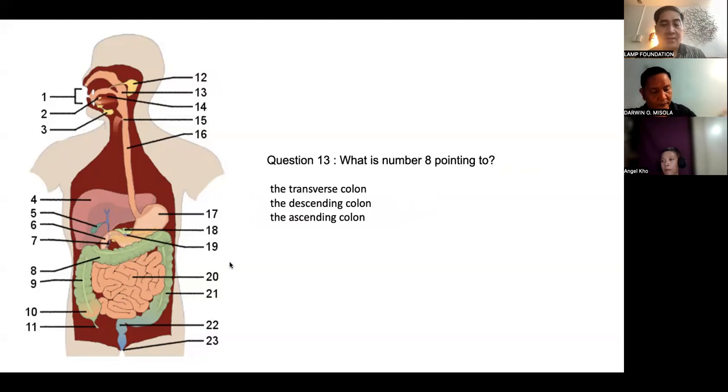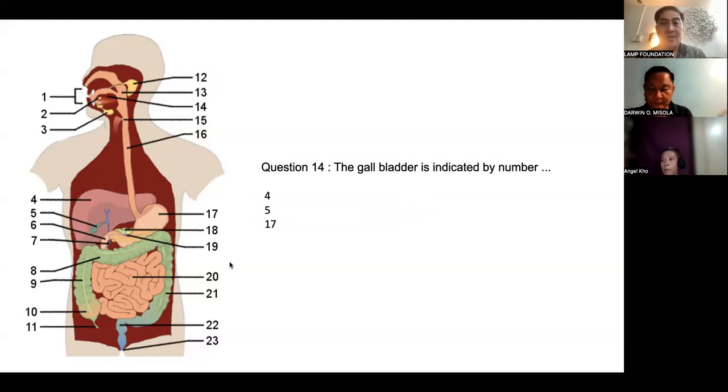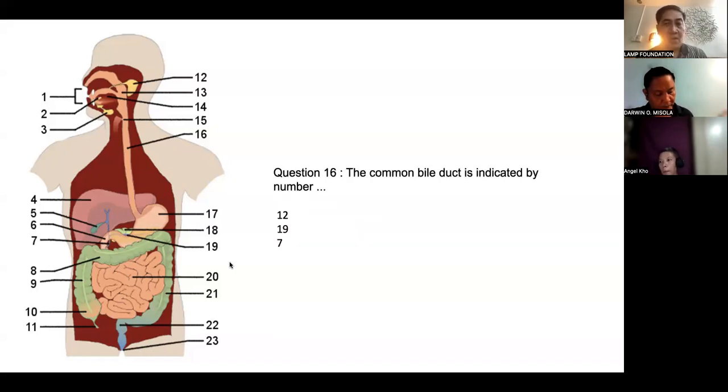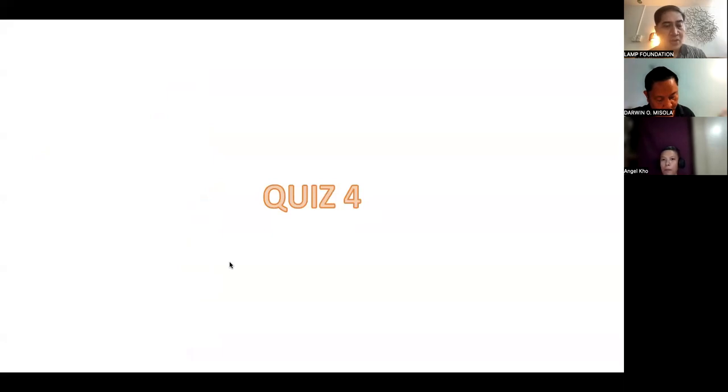What is number 8 pointing to? The transverse colon po. The gallbladder is indicated by number 5 po. What is number 6 pointing to? The duodenum po. The common bile duct is indicated by number 7 po.